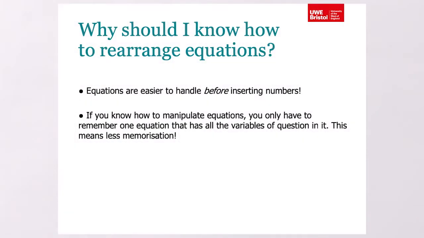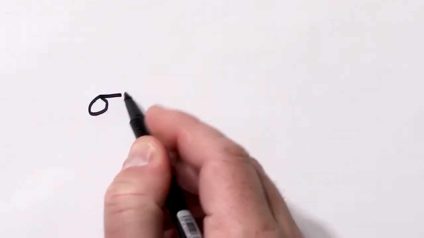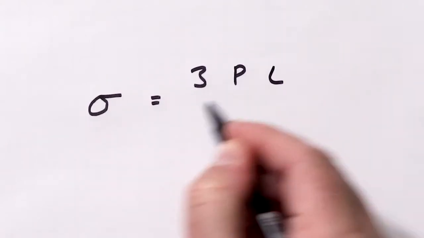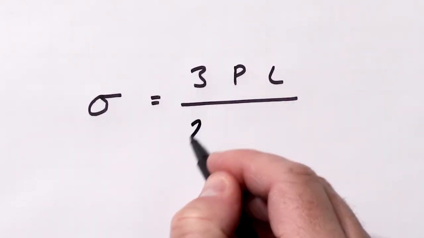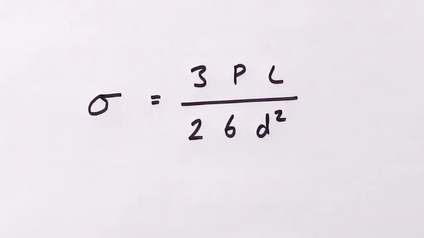The second reason it's really important to know how to rearrange equations is that if you know how to manipulate the equations, you only have to remember one equation that has all the variables in it. So this means you have to memorize a lot less. So I'll just show you what I mean by that. If, for instance, we have an equation which is this, so that's an equation for calculating strength.